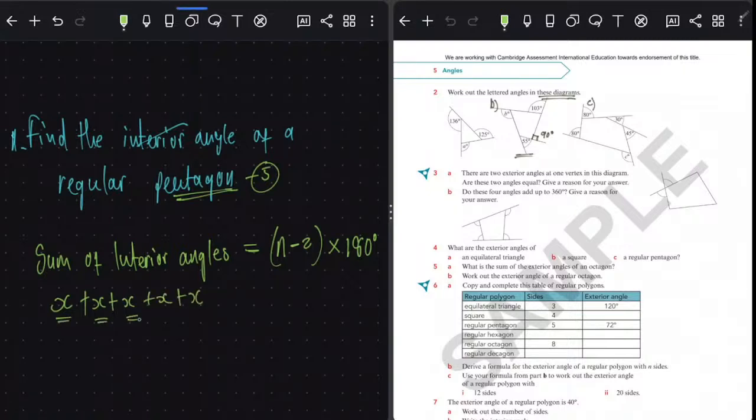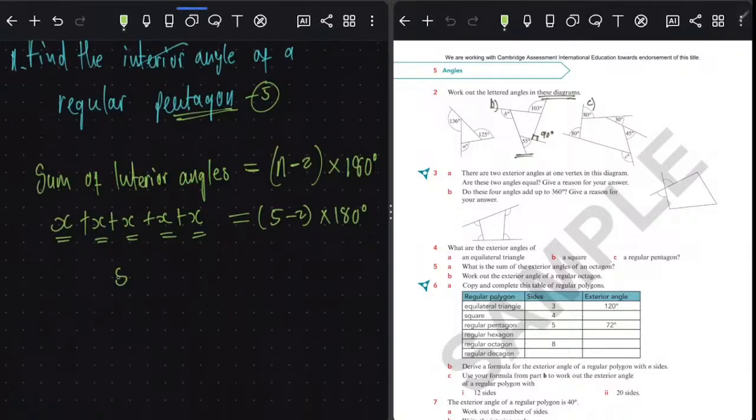This should give us 5 minus 2 times 180 degrees, because n is 5. Now, if we add all x's, we'll get 5x is equal to 3 times 180 degrees. What is it?